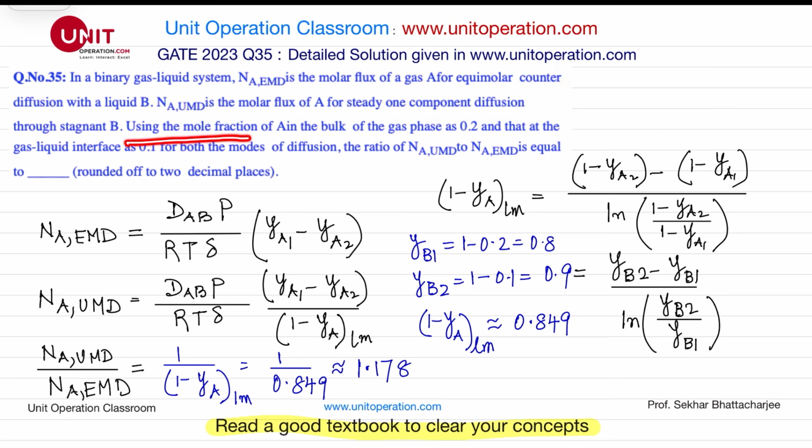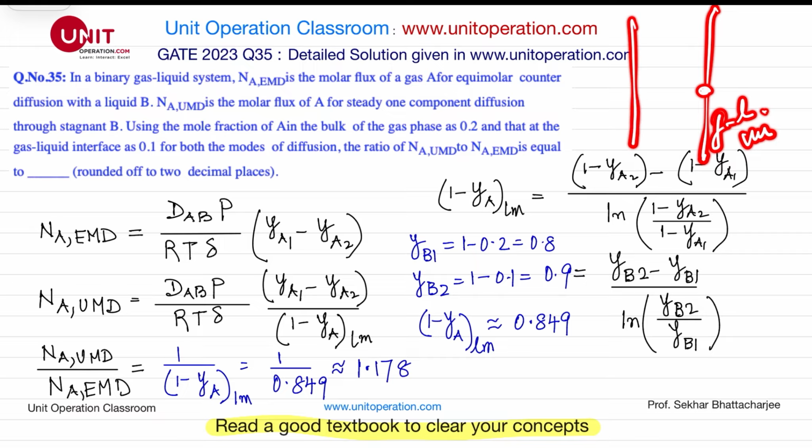Using the mole fraction of A in the bulk in the gas phase at 0.2, and that at the gas liquid interface at 0.1. So this is a gas liquid interface here, and in the bulk gas this is 0.2 and this is 0.1, and of course we have to find out the ratio of N_A,EMD and N_A,UMD.